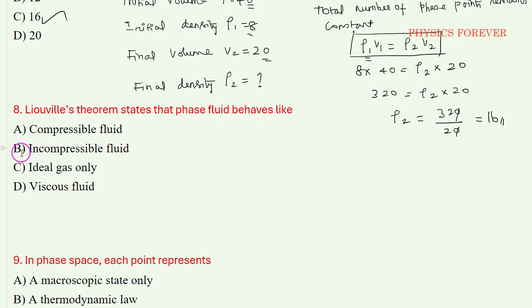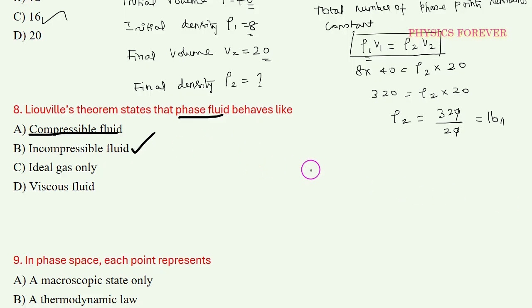The correct option is B. An incompressible fluid is the phase fluid, whereas an ordinary fluid is compressible. You have to remember that.